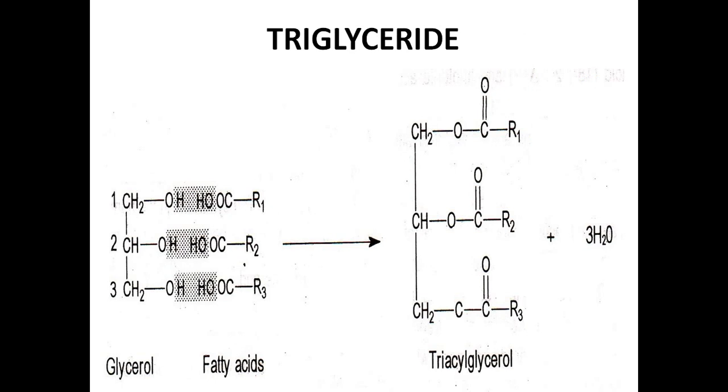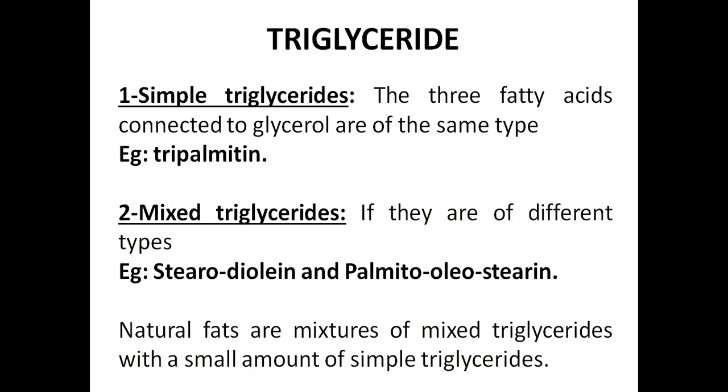So this is the structure of triacylglycerol. Glycerol with 3 hydroxy groups esterified with 3 fatty acids results in the formation of triglycerides. This is how the triglyceride looks. Triglycerides are classified into 2 main types, that is simple triglycerides and mixed triglycerides. Simple triglycerides means the 3 fatty acids connected to the glycerol are of the same type.